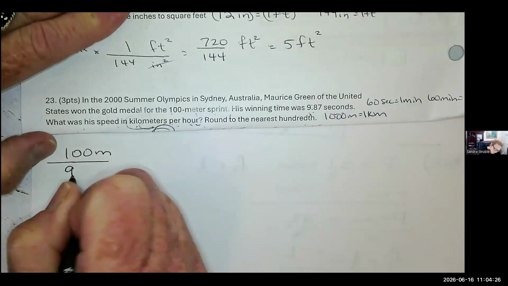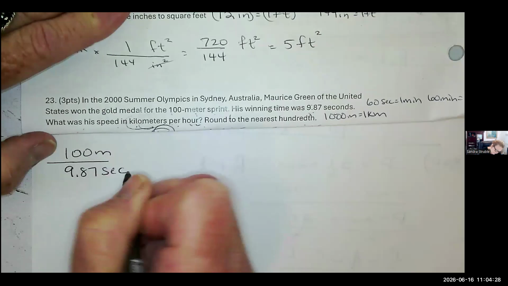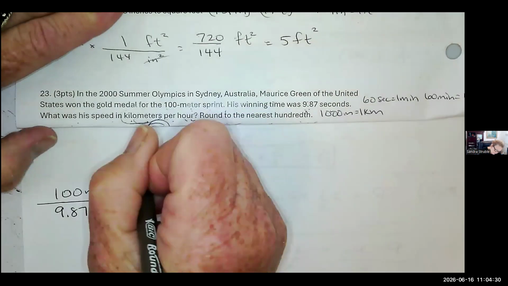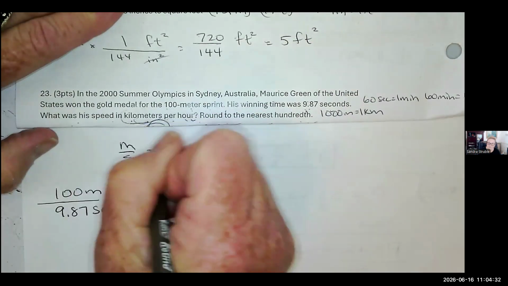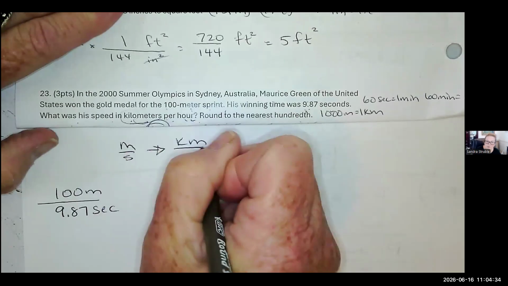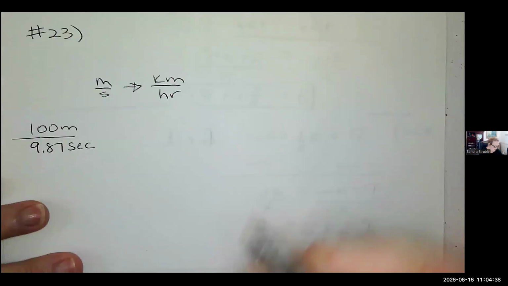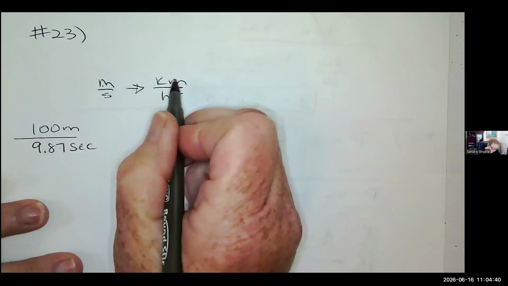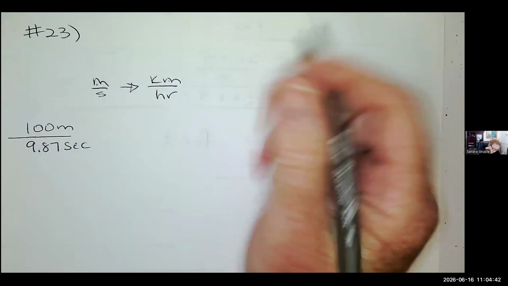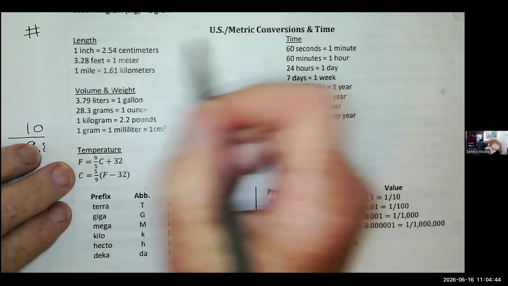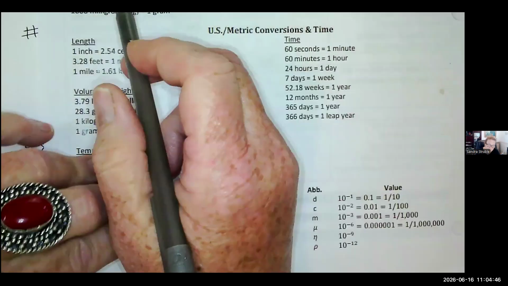But we want to convert that to kilometers per hour. Okay, that's what we're wanting to do. How can we get from meters to kilometers? Well, go to our metric system. That is length up here. 1 kilometer is 1,000 meters.